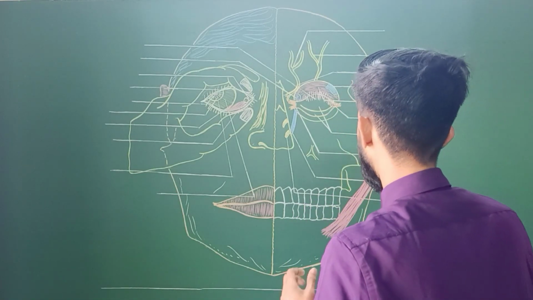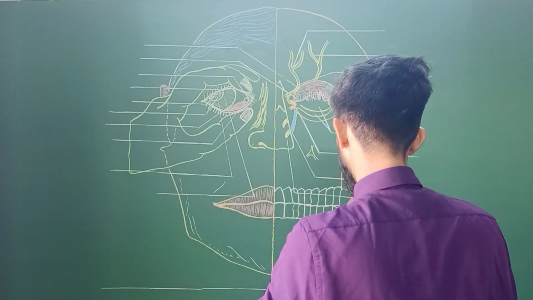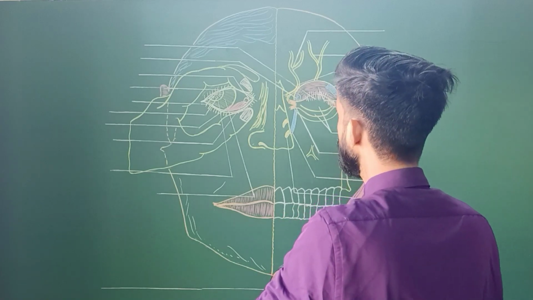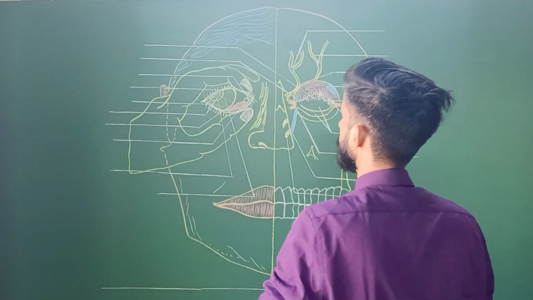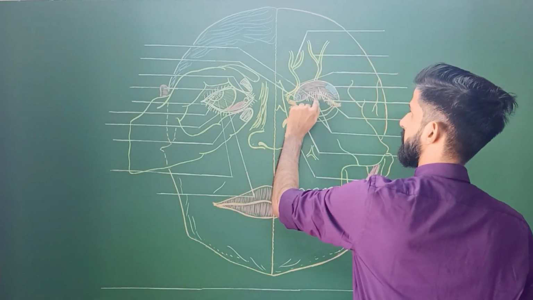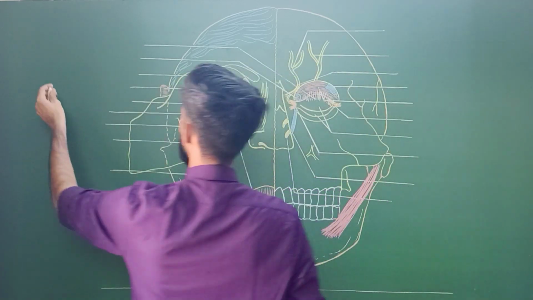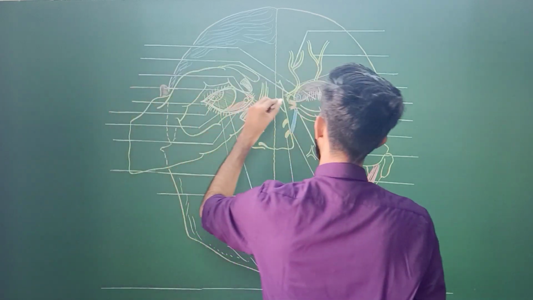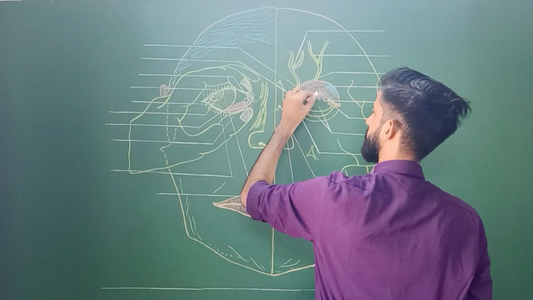Alright, fine. Now let us name this. The diagram is almost ready. Well, this is called as levator palpebrae superioris. This part. See, here I go.